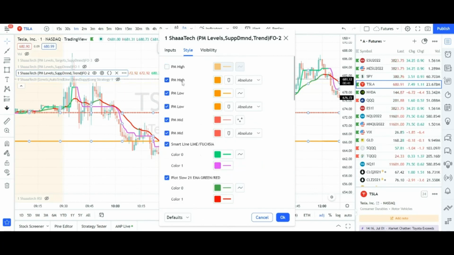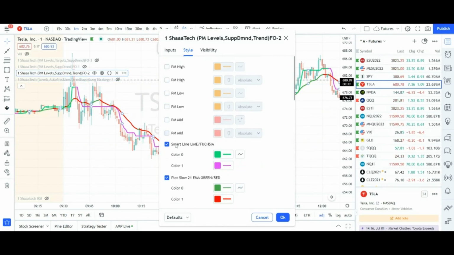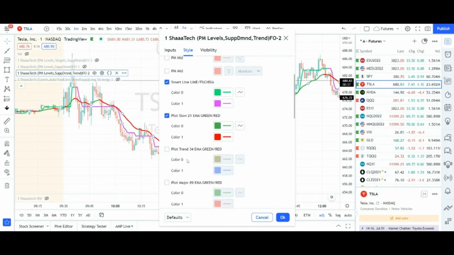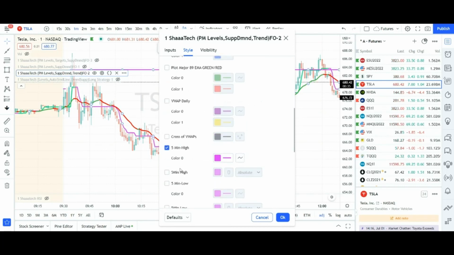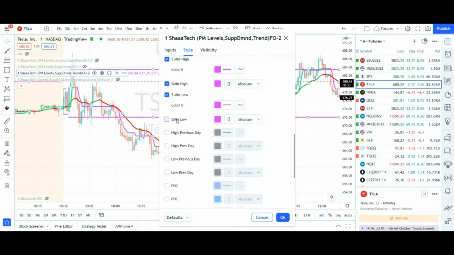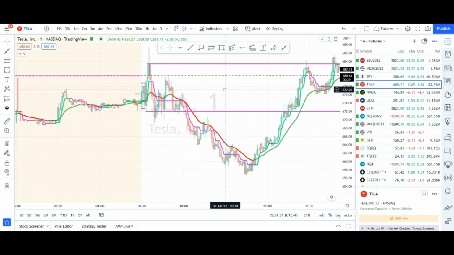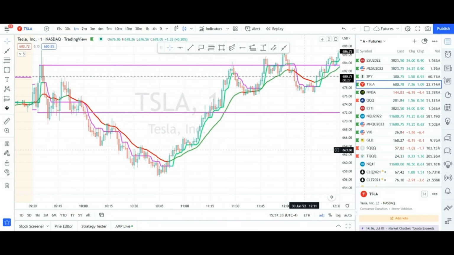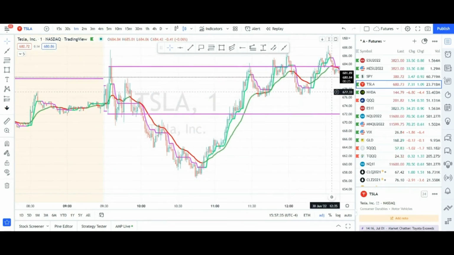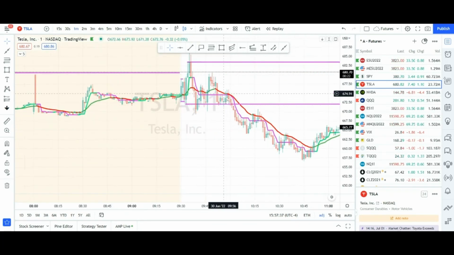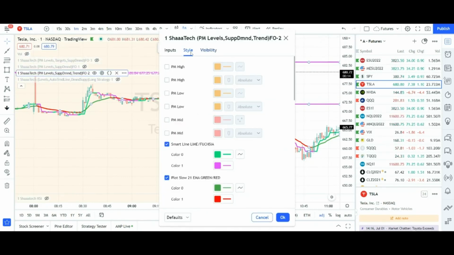If I switch off everything, and I just want to see the 5 minutes levels, traders also do trading with the 5 minutes. You will see that it is showing you if the market is breaking these 5 minutes levels with this magenta and red lines, then you can also change the line colors, whatever you want to do.